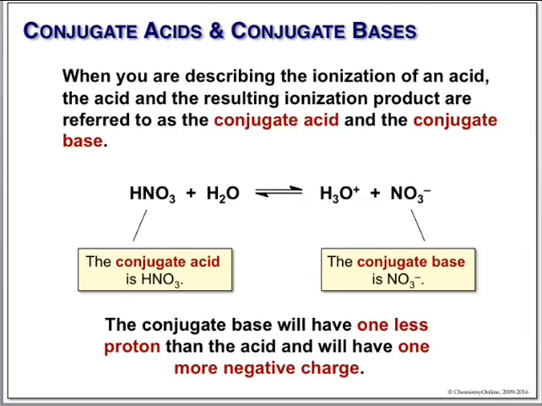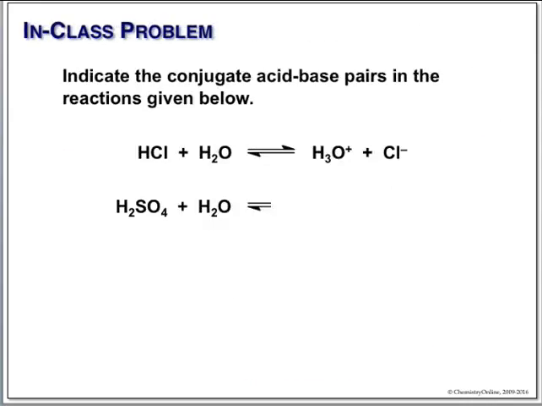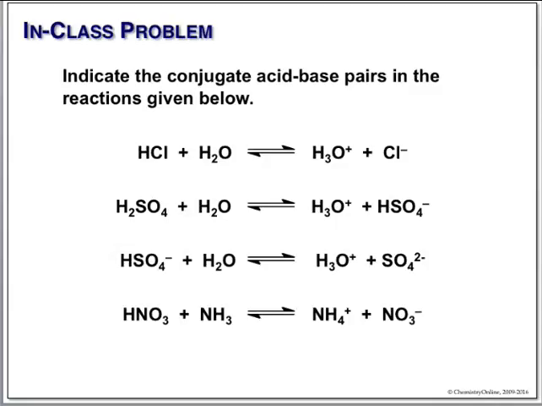Let's look at a set of problems here. What I'd like you to do with these is to simply identify the conjugate acid and the conjugate base in each of these reactions. Remember, the acid loses the proton to form the conjugate base. Conjugate base has one less proton and one more negative charge.